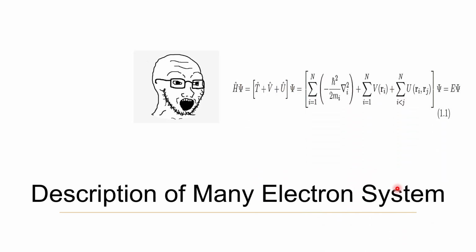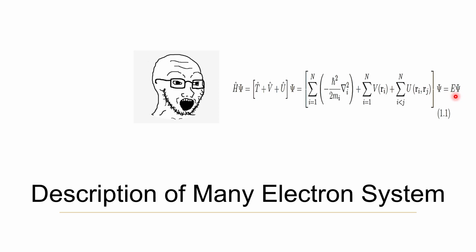If we consider those, we will have a description of the many-electron system given by this Hamiltonian, T plus V plus U, operating on the wave function in the Schrödinger equation. We just put those quantities here and operate, then we'll have the energy.